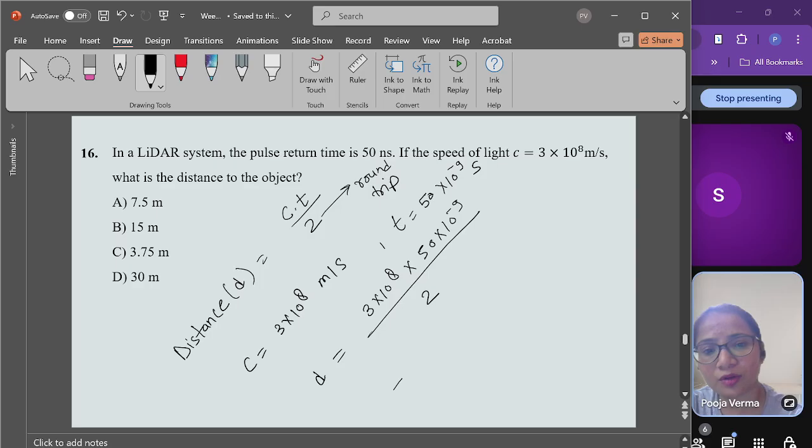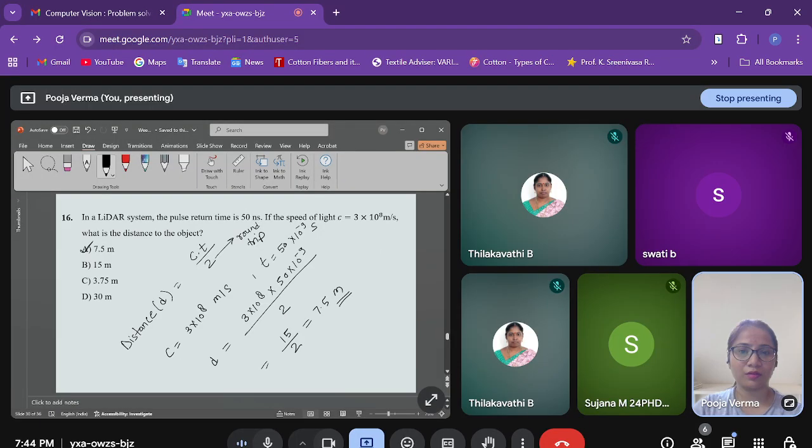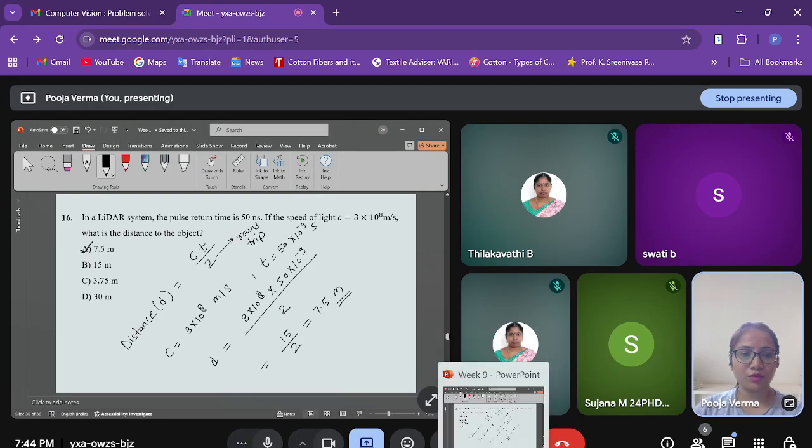If you just do that, you will get 15 divided by 2, and overall you will get 7.5 meter. So the total distance is 7.5 meter. Option A is the correct answer for this question. Have you got this question? Does anyone have any doubt, or can we move to the next question?